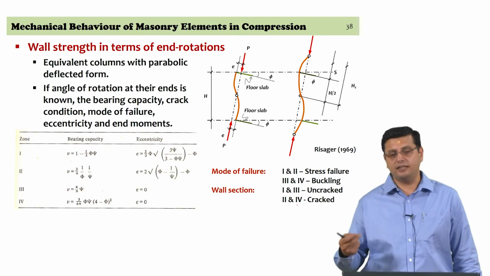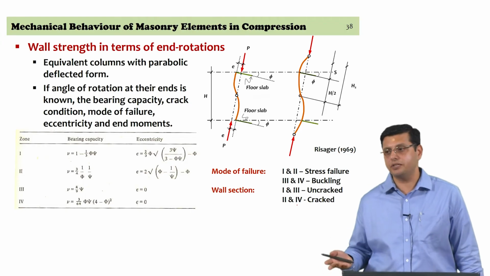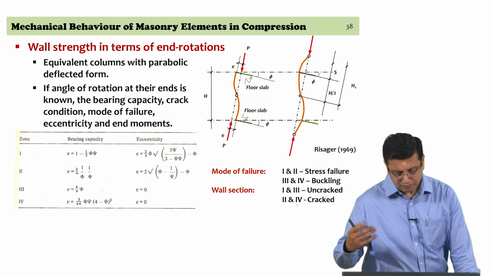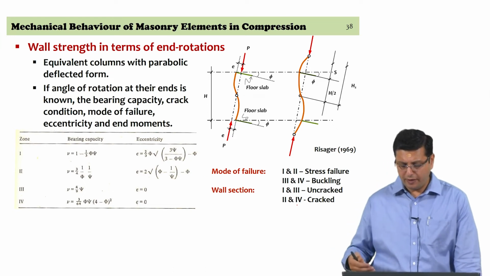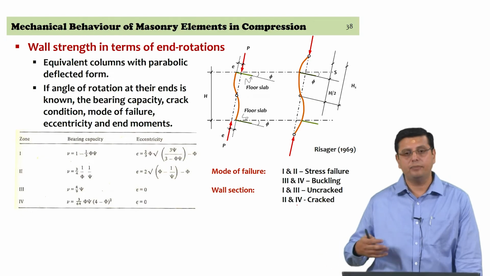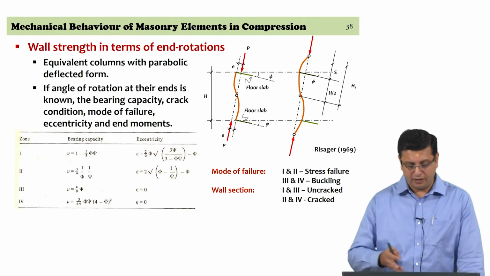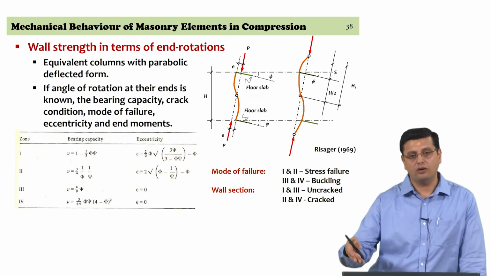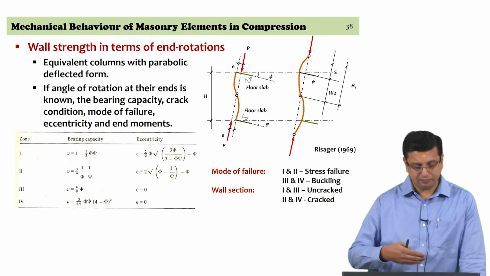You can have the entire wall section in the uncracked situation, or the wall partly cracked or fully cracked. So, depending on the crack condition in the wall, and depending on the mode of failure, you have a set of expressions which have been derived with the assumption of a parabolic deflected shape.